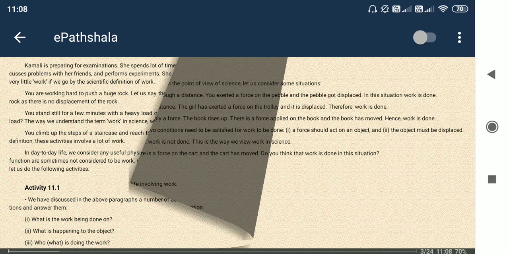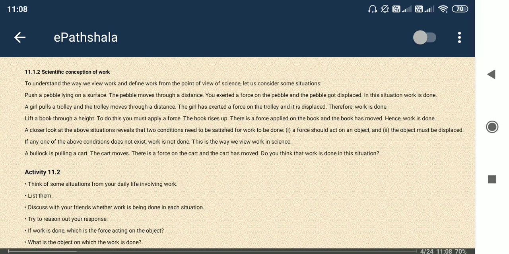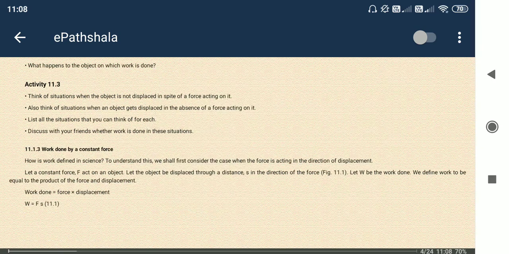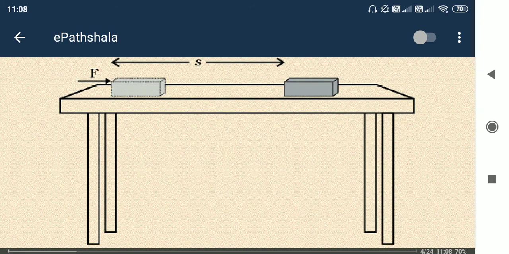So in the scientific part, the most important thing is force. We know force is something which, when we apply it on a body or object, it moves, right?